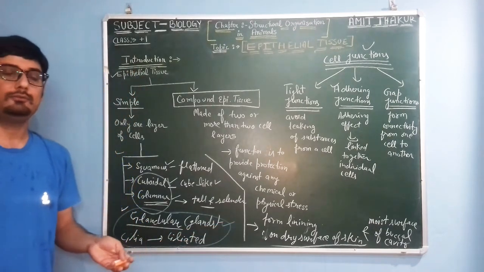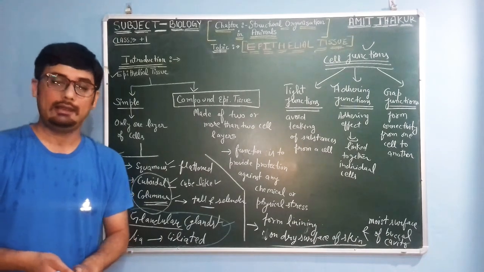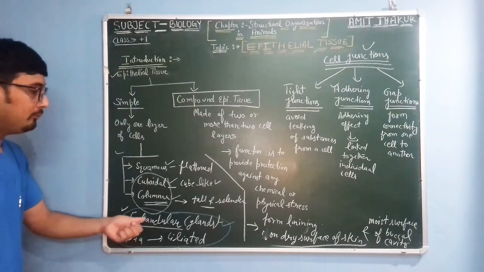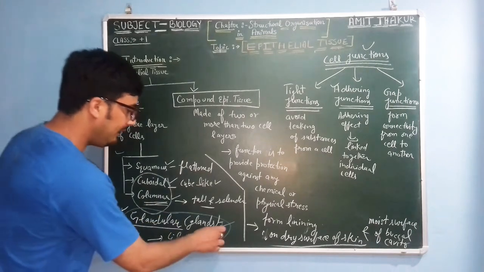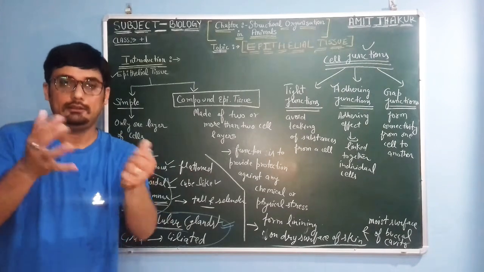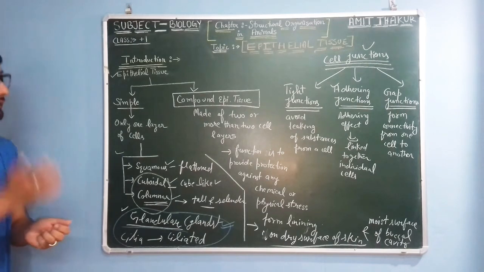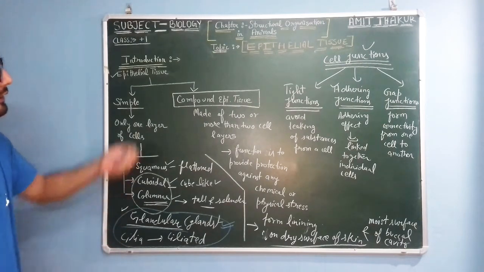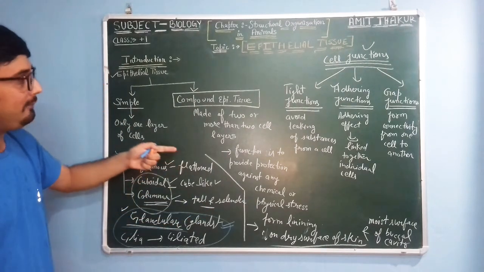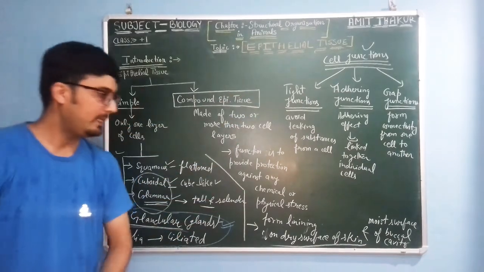So goblet cells क्या है आपके वो single layer glandular cells present in the alimentary canal to secrete mucus, and multicellular cells like the cluster, these are the cluster of cells, एक साथ ये cells इकट्ठे होते हैं cluster of cells like in salivary glands. Okay, they are secretory in nature. So it's all about the epithelial tissue. Do remember all the examples of each of these types of epithelial tissue, and these are the cell junctions. Thank you.